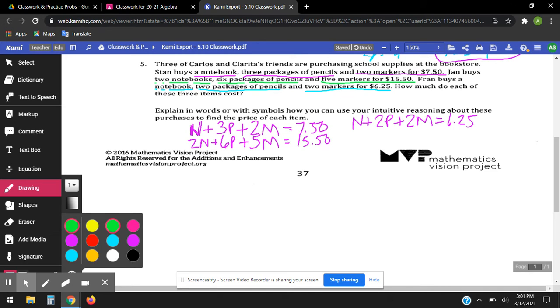Now, if you look at the difference, we've got 1 notebook, 2 notebooks, 1 notebook. Those would cancel out. 3 pencils, 6 pencils, 2 pencils. Those are all different. That's not going to help me. How about this one? 2 markers, 5 markers, 2 markers. Look at these. They both have 1 notebook and 2 markers.